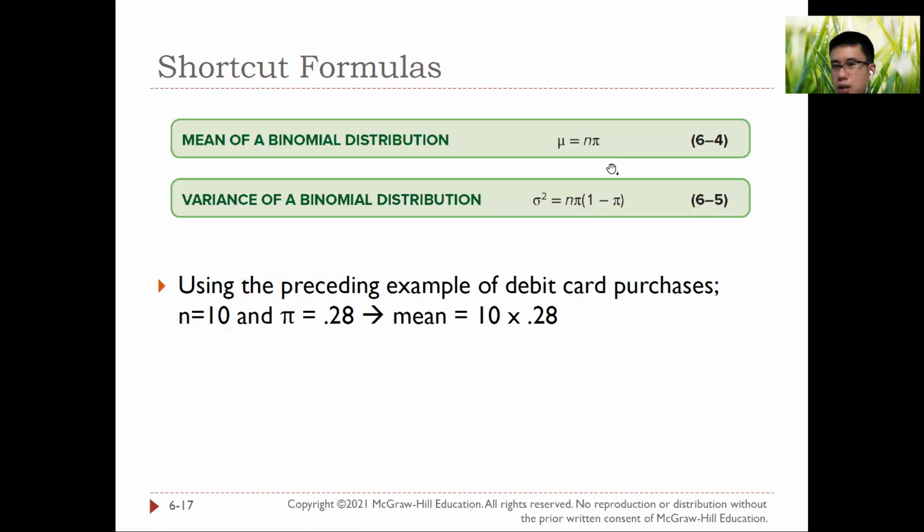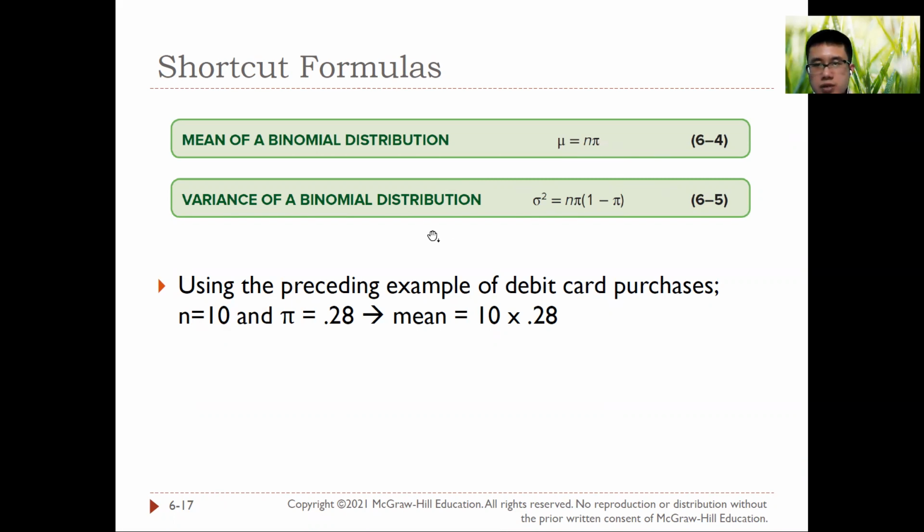And because the binomial random variable is just a type of discrete variable, we can find its mean and variance. This is only the final result of mean and variance. The mean is n times pi, and the variance is n times pi times 1 minus pi, like this.